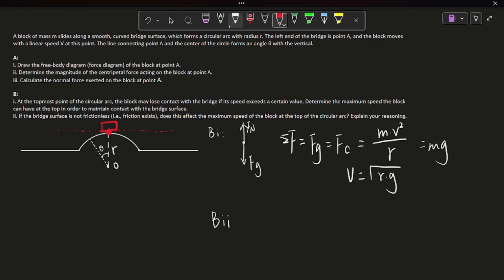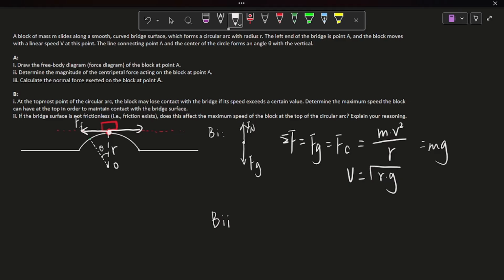At this moment, the instantaneous speed and the direction of its motion is also tangent to the circle at the topmost point of the circle. So this is the direction it is moving instantaneously. So this will be the direction of the friction.